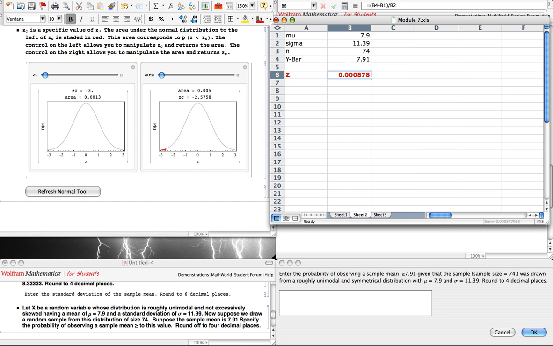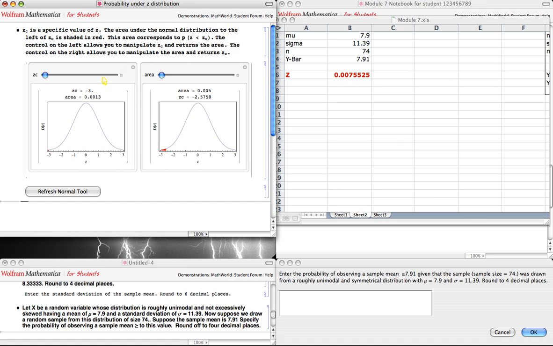I just want to check if this was done correctly, and it wasn't. So Z is equal to Y bar minus mu, divided by sigma, which itself is divided by the square root of n. That is the Z-score, 0.007. If you round it to 2 decimal places, it's 0.01.